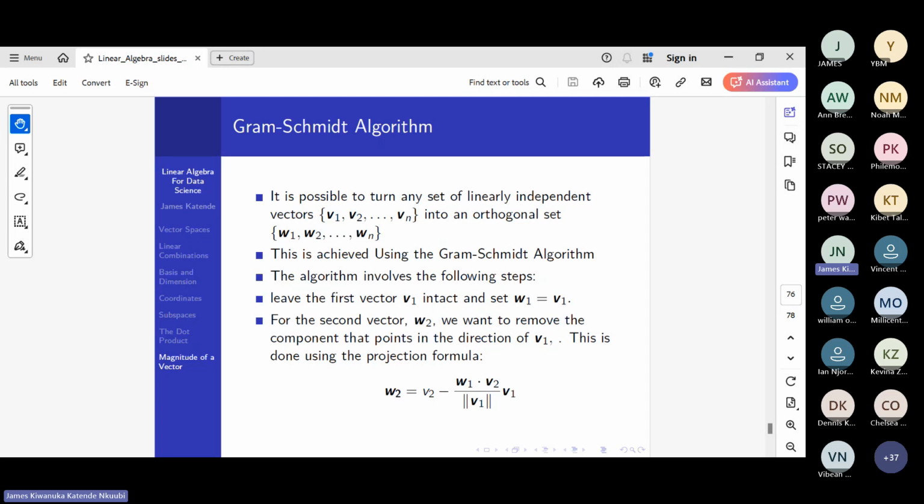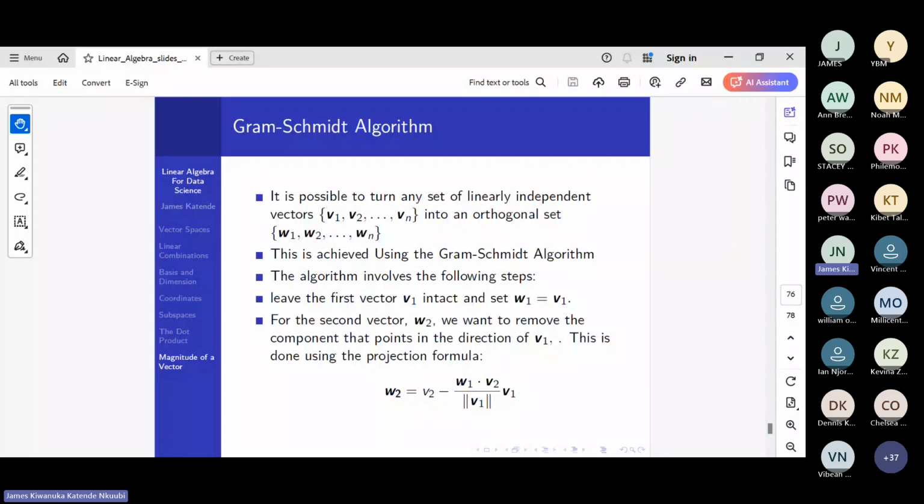So we may need this algorithm later on when we are dealing with symmetric matrices, the eigenvectors of symmetric matrices. So we might use this when we get there.